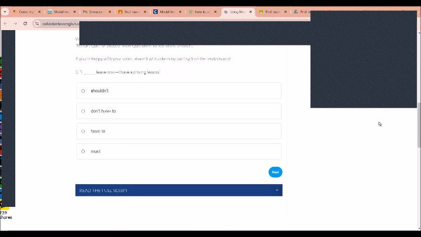Number 2, Melissa. Miss Aguilar Perez. Sí, ay, perdón, pensé que era otra Melissa.